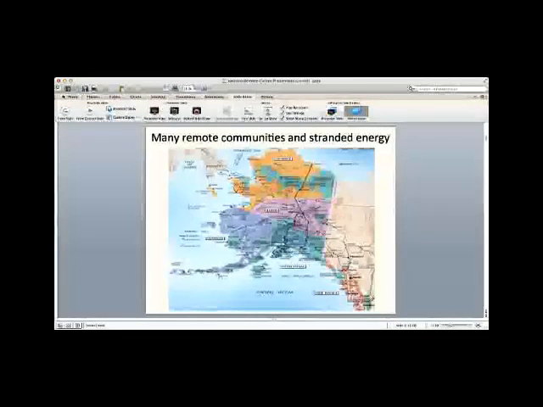And fuel oil is good because it's a very compact way of holding BTUs, British thermal units of energy. The problem with fuel oil is that its strength, the fact that it's liquid so that you don't need to feed a fire, but it naturally flows, can also be a detriment if you need to get it out into rural areas where you're hauling it by snow machine, plane, or four-wheeler.